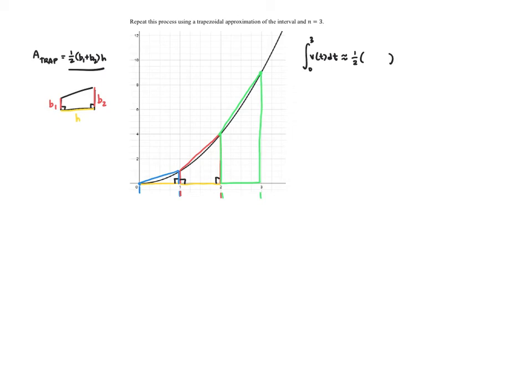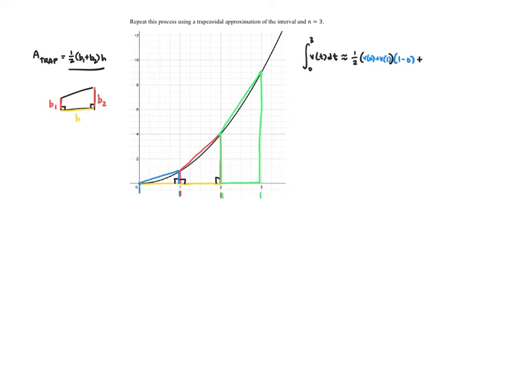As I look at the first interval, the first base is v of 0. The second base is v of 1. Let's make sure we know where those are coming from again. V of 0, v of 1, those are like b1, b2. The height is going to be 1 minus 0.